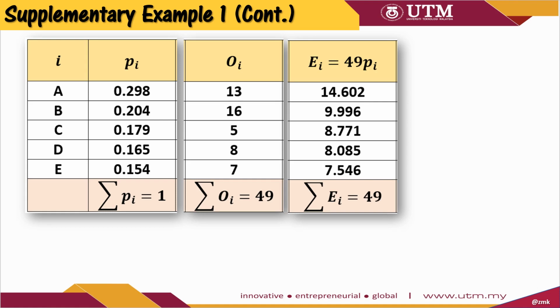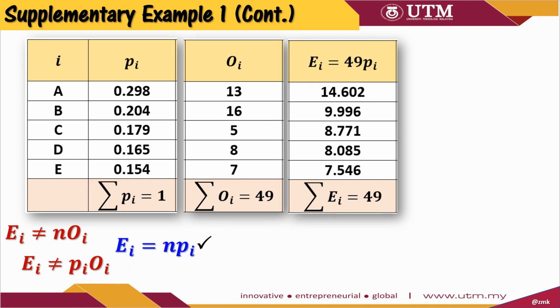At this stage, please be careful when you calculate Ei. It is neither n times Oi, nor Pi times Oi, but Ei is n times Pi. Many students have made this kind of careless mistake in the past.